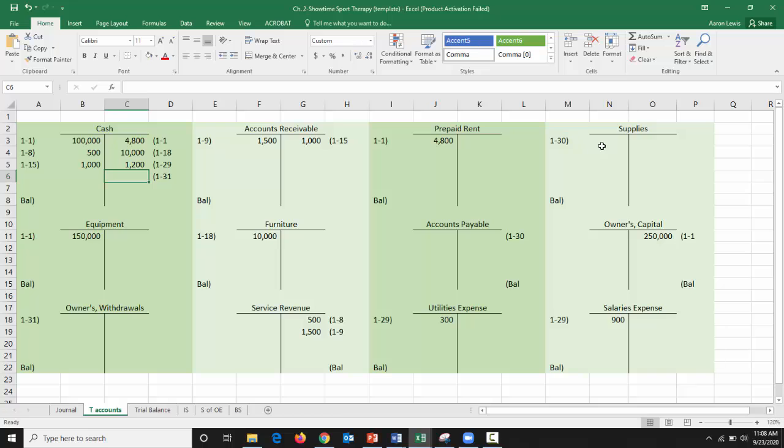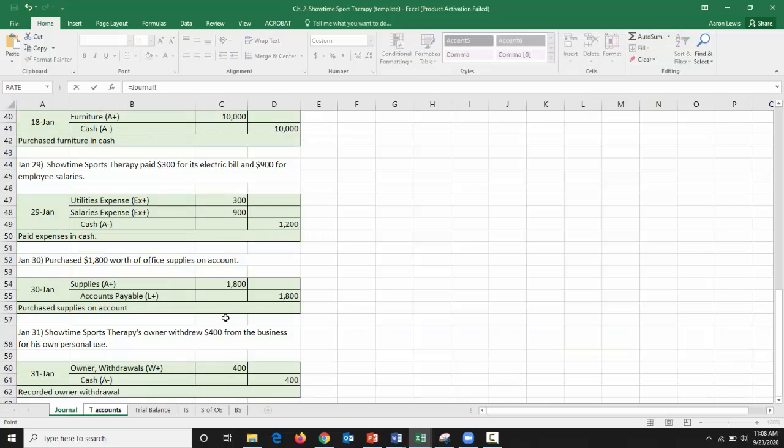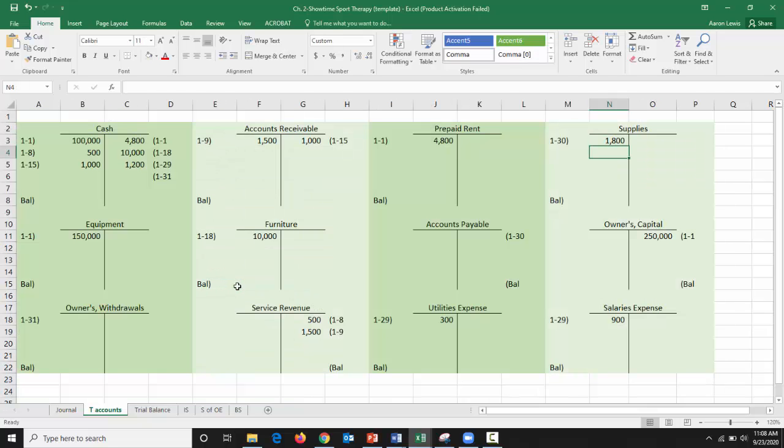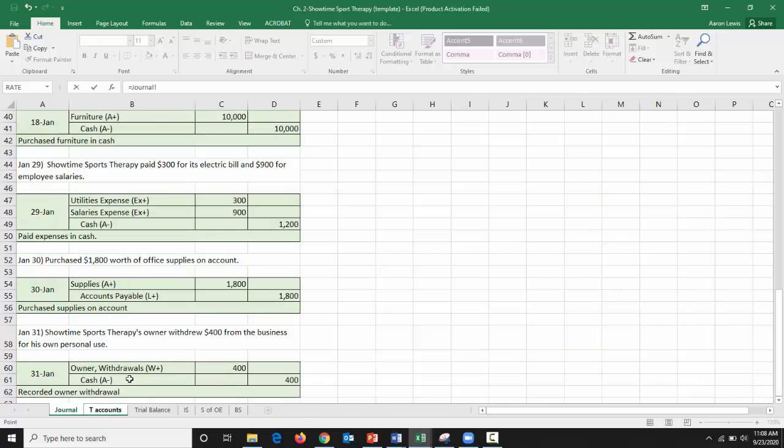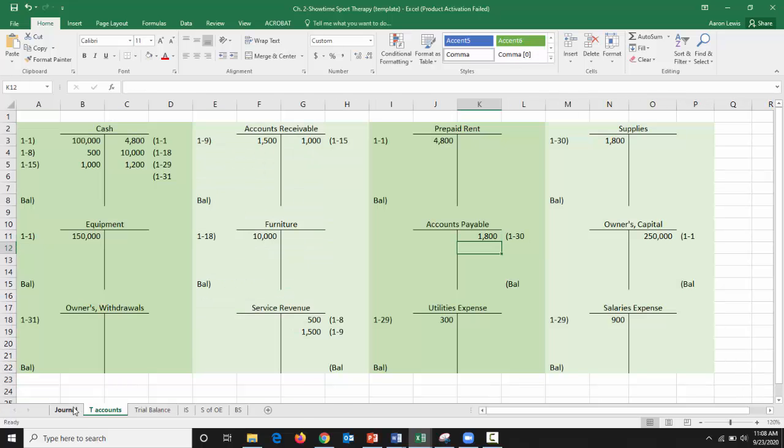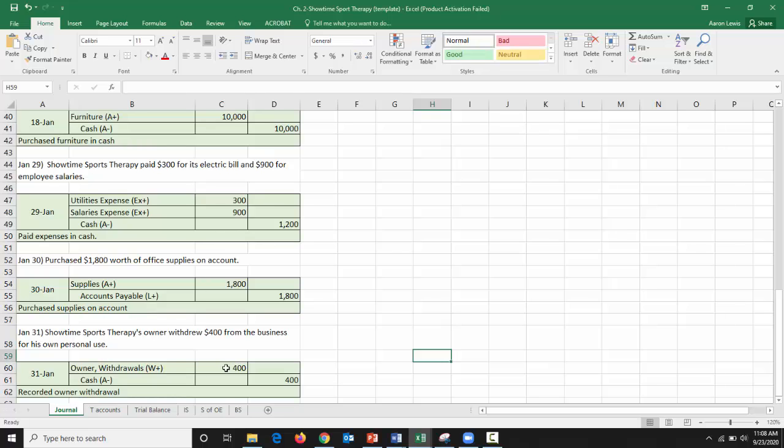So we have a debit to supplies on the 30th for $1,800. We had a credit to accounts payable on the 30th for that same $1,800. And in our last journal entry, we had a debit to withdrawals for $400.